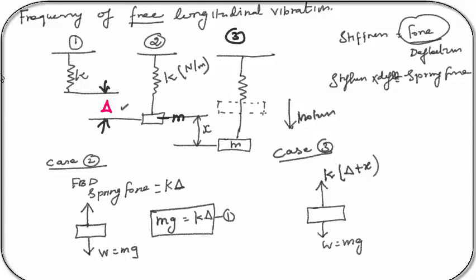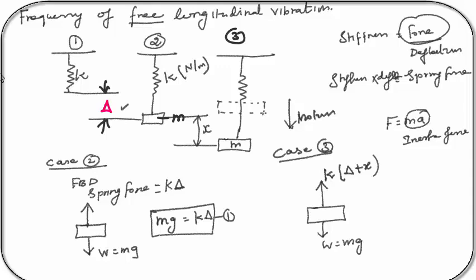Okay, so then it is in motion. It is not a static condition. So according to D'Alembert's principle, we have to consider the inertia forces. So what is inertia force? According to Newton's second law, F is equal to ma, and this is the inertia force. So inertia force is mass times acceleration.